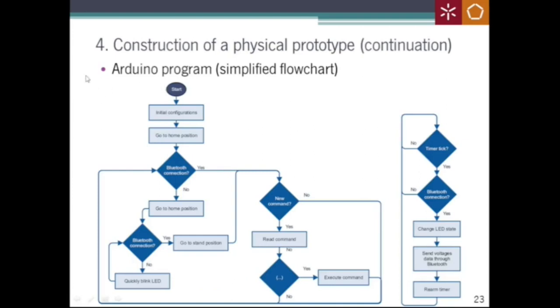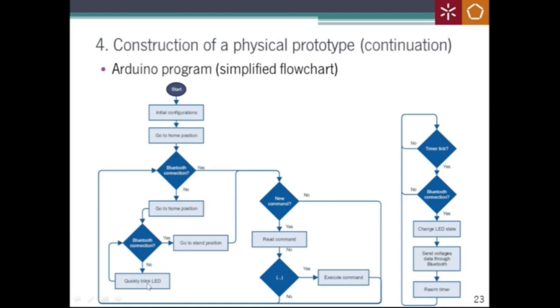In the developed Arduino program, the communication libraries with the Maestro board and Bluetooth module are included, as well as the definitions of the physical parameters of the robot and the procedures of the direct and inverse kinematics. Whenever there is no Bluetooth connection, the robot is in a low energy consumption position, with the signaling LED flashing quickly.